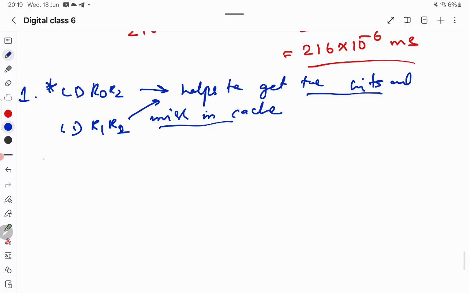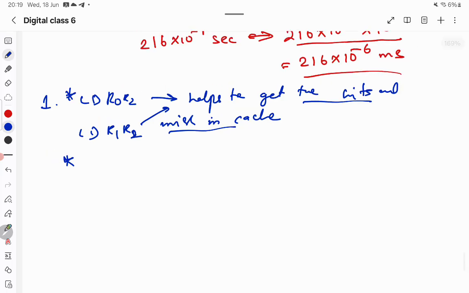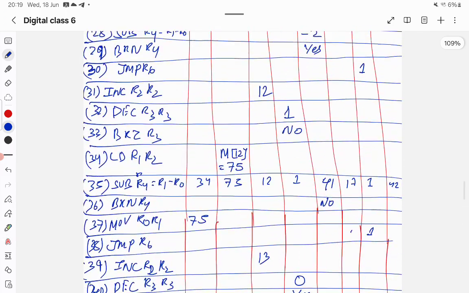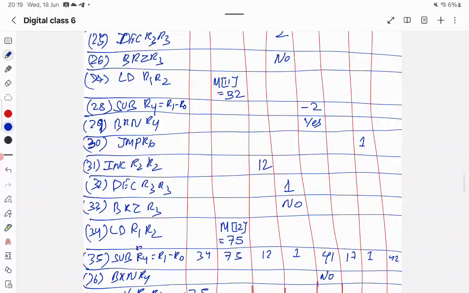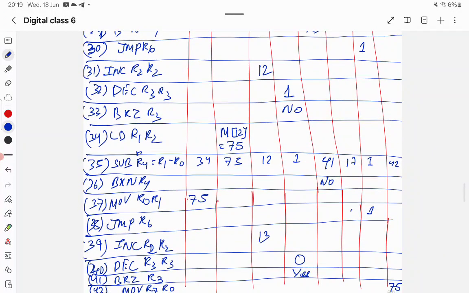Next, basically we'll explain increase R2. If you look at the execution of the program, every time we increase the value of R2, our R1 value is updated accordingly.